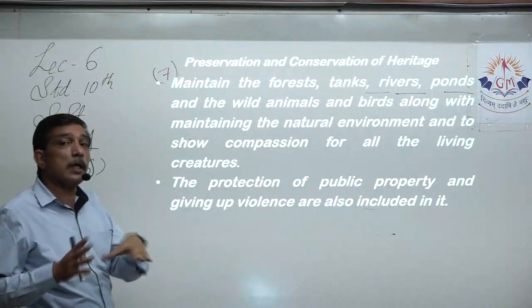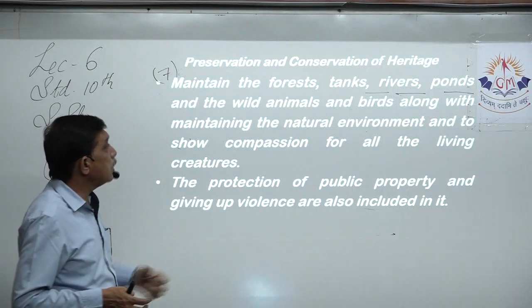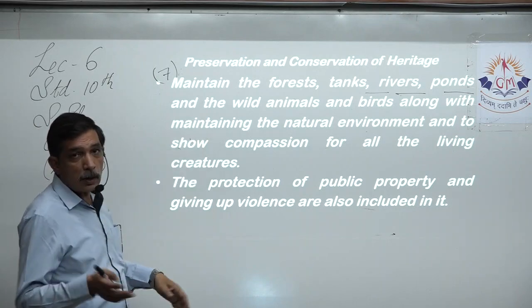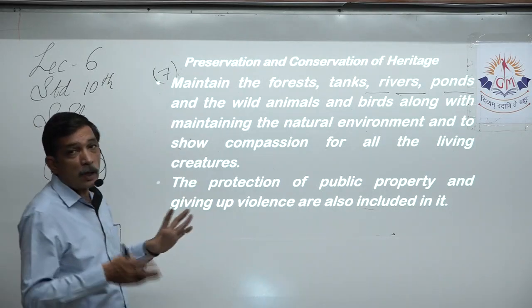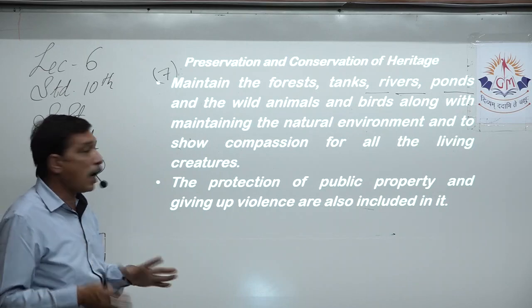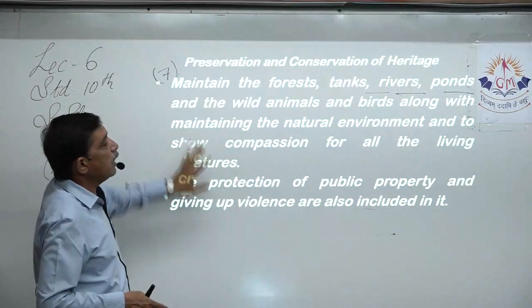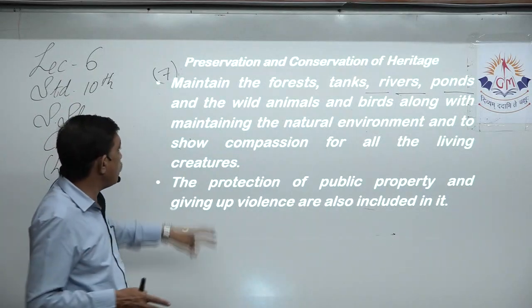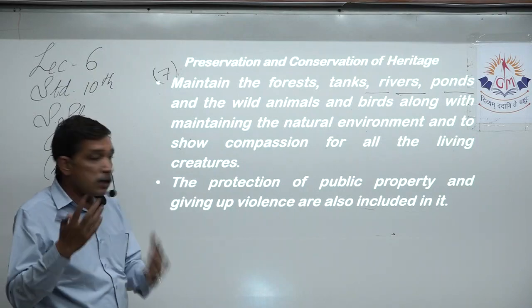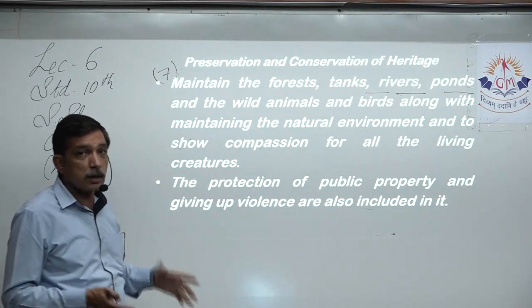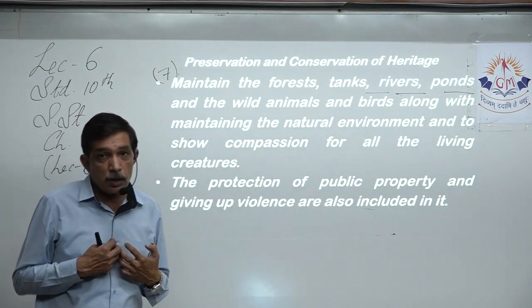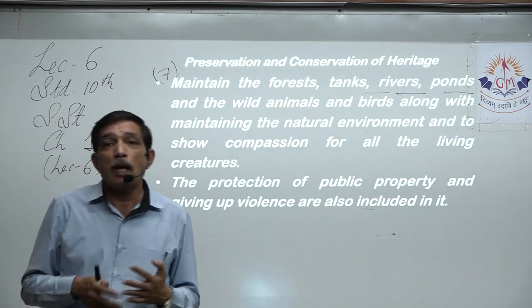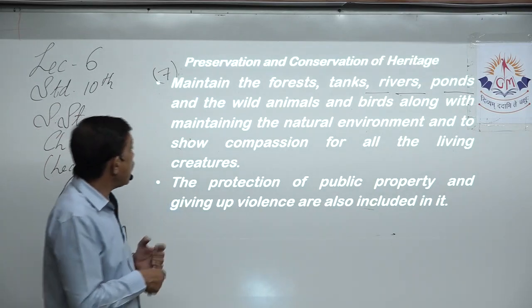Tanks are the kunds that were made in the earlier days. Rivers, ponds, not to dirty them, right? And protect the wild animals, see that they are not harmed, and the birds, along with maintaining the natural environment of that place, to show compassion, that means feelings for all the living creatures. That is our holy and pious duty, right? That is article 51A para 7.